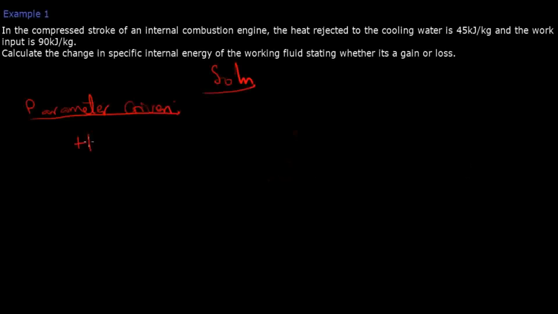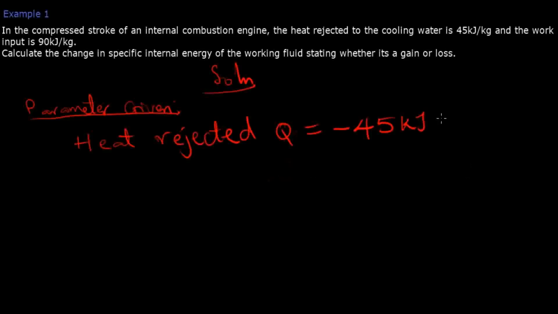The heat is rejected. Remember our sign convention, just like I stated on the other page. So heat rejected, Q is 45, but minus since it's rejected heat.